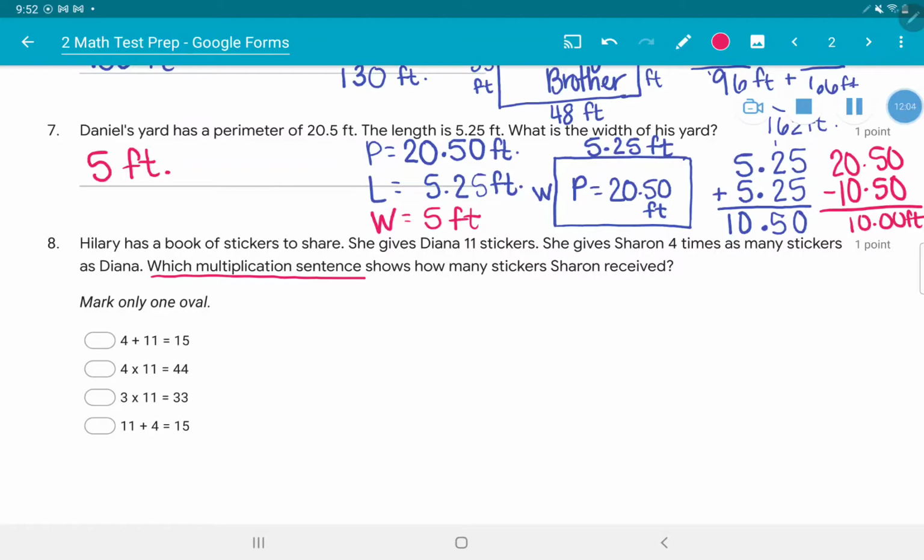It says 4 times as many. So there's no reason for anybody to have missed that one, is there? No. It has to be 4 times 11, which is 44. All right. Click your answer and you may choose next. Anything that ends in 11, it's going to be that number twice. B. Okay.